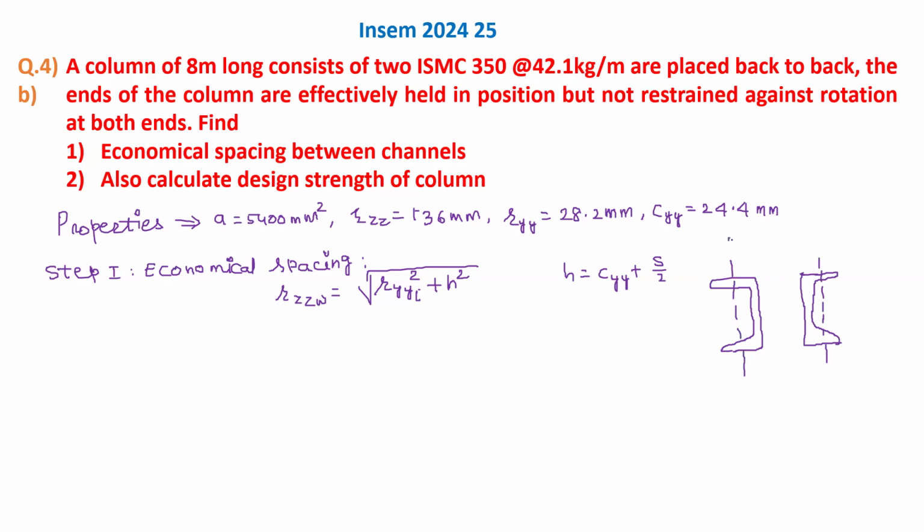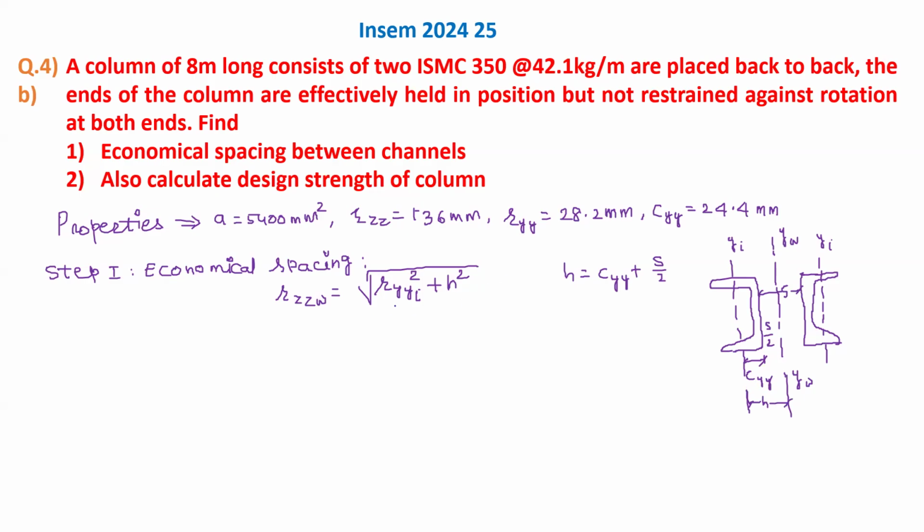This is y individual, and then y whole we have inside. This is y whole, and the distance between the two is h. We have this as CYY and this distance is S, so automatically this becomes S by 2. So the distance between the individual and whole axis is H, which is CYY plus S by 2.